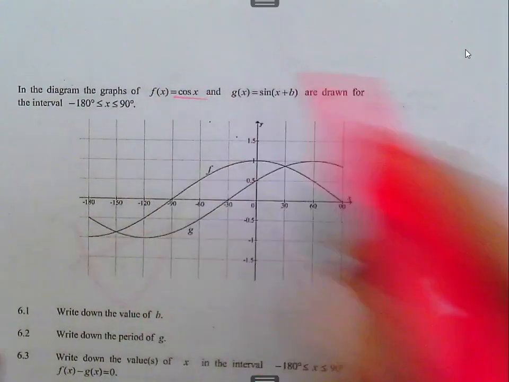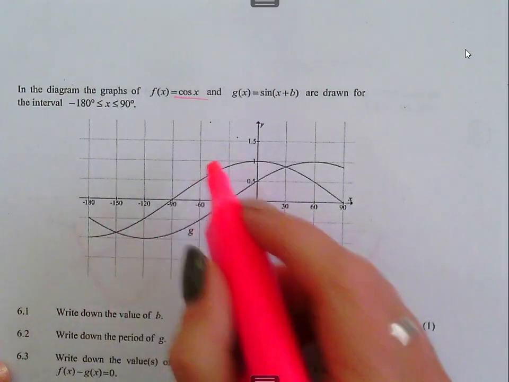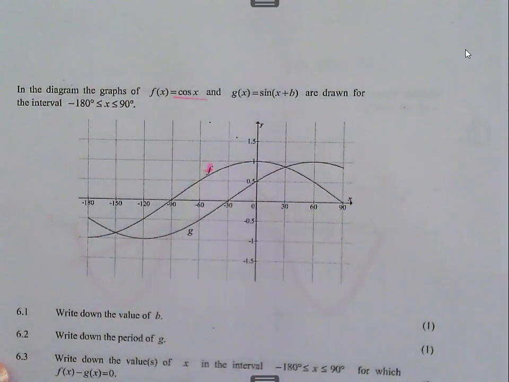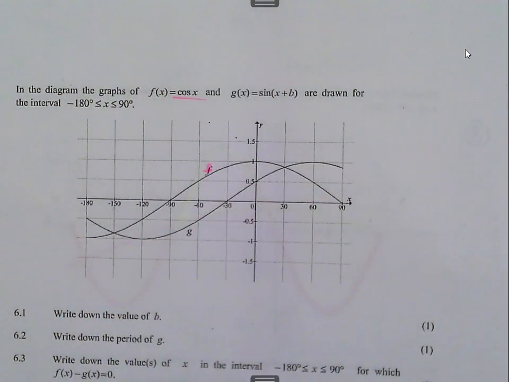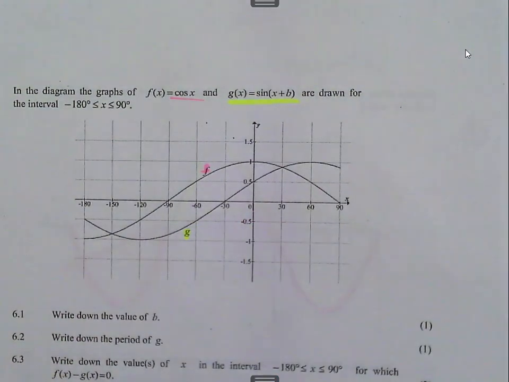This cos is F, that one there. And this graph sin is this one here, this G. Okay, when I look at F's equation, can you see that is the standard cos graph? It's just f of x equal to cos x.